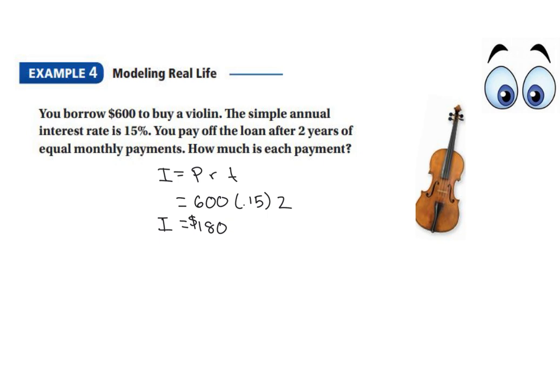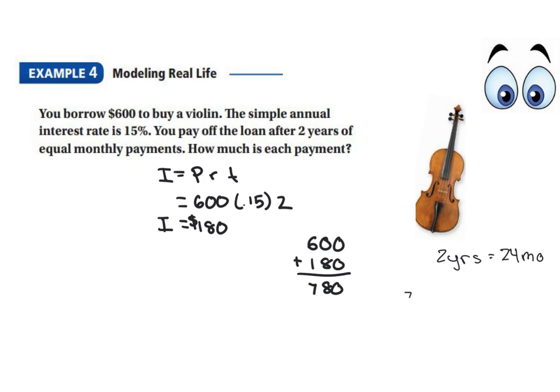But you also have to understand here, in this situation, you borrowed 600. So you're not just going to have to pay the 600 back, you're going to have to pay an additional $180 back for a total of $780. The question says that you'll pay this back over 2 years in equal monthly payments. 2 years is 24 months.